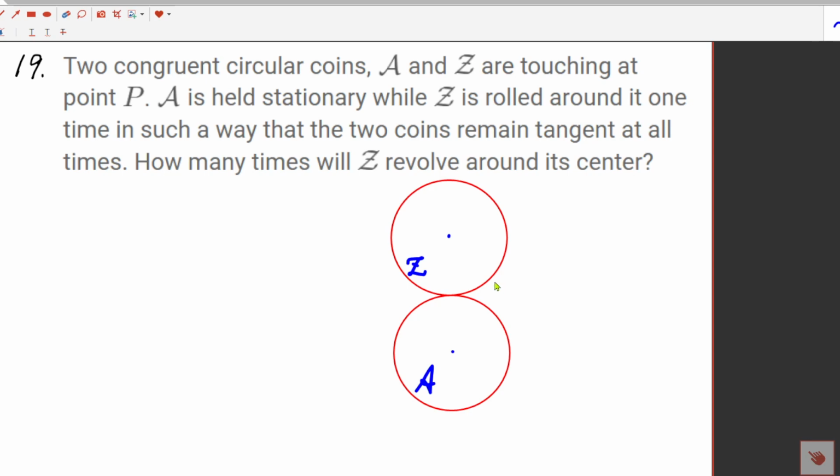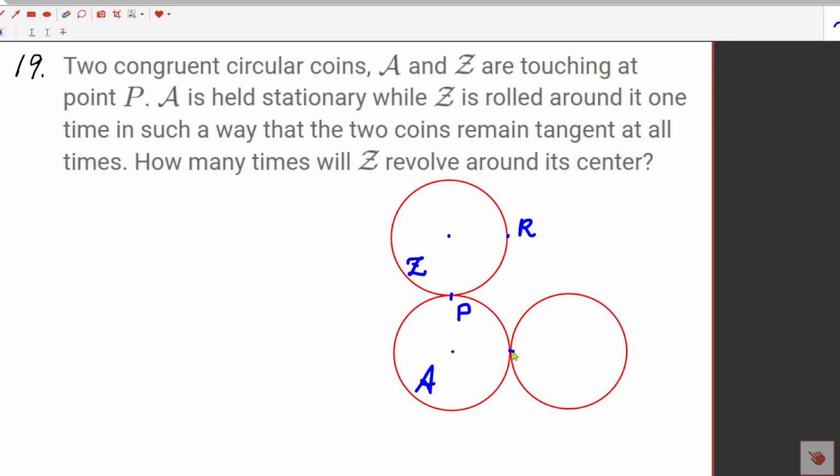So if you let the point on Z that is touching A initially be point P, and let's suppose another point R is here, then when the coin has moved a quarter turn, for example, when the coin moves here, where are the points R and P respectively?